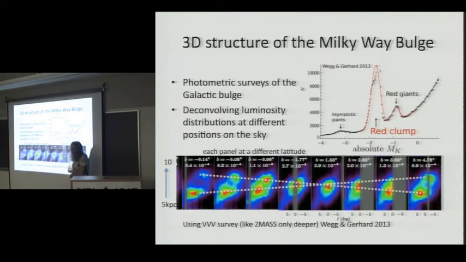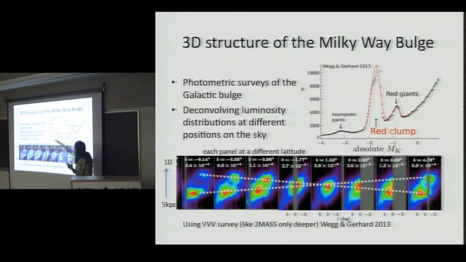Okay, so now let's move on to surveys towards the Milky Way Bulge. I'm going to talk about the photometric surveys. They're just looking at lots of stars and making color magnitude diagrams, and they involve the luminosity distributions at different positions on the sky. To do that, you need to know what the luminosity distribution should look like if you had one population.